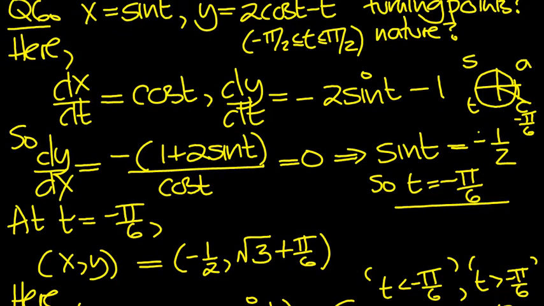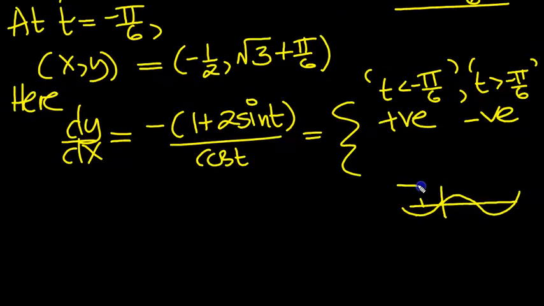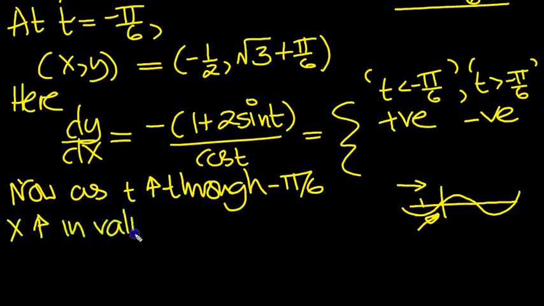Now, the only other thing to worry about is the x value. x is equal to sin t. So let's have a look at that. So here's the sin t function. As t increases here, you can see what happens to sin t. It increases here. Now, as t increases through the value minus pi over 6, x increases in value.